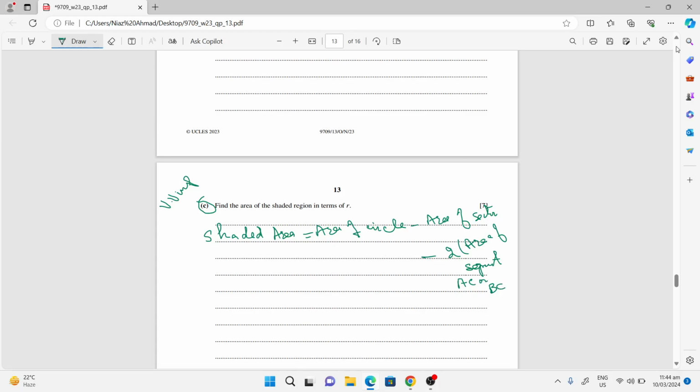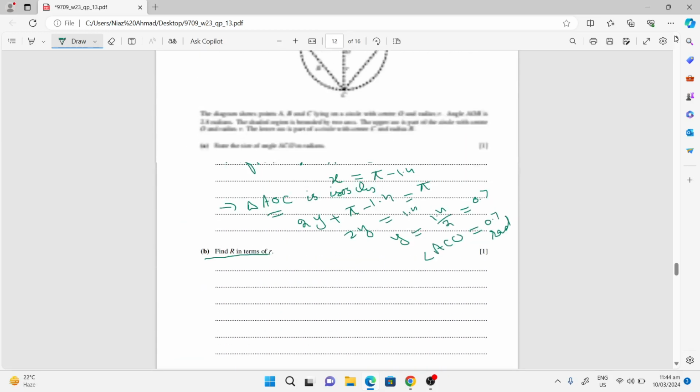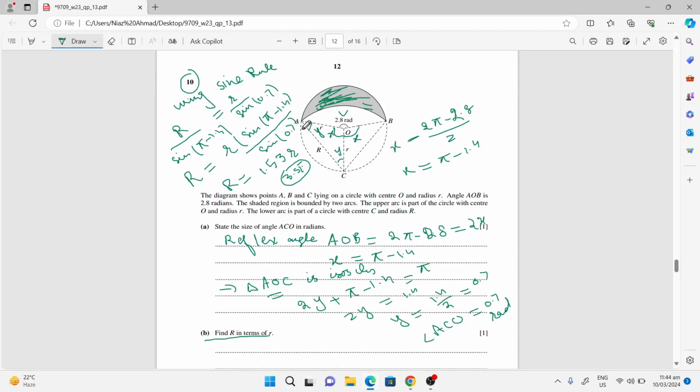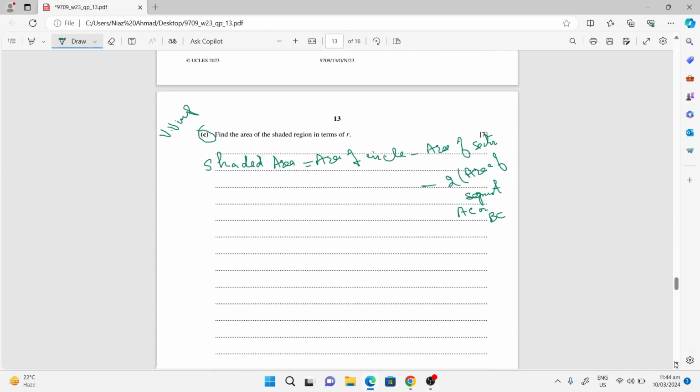This is the work plan you have to show to the examiner. So look, this area, and the complete circle.